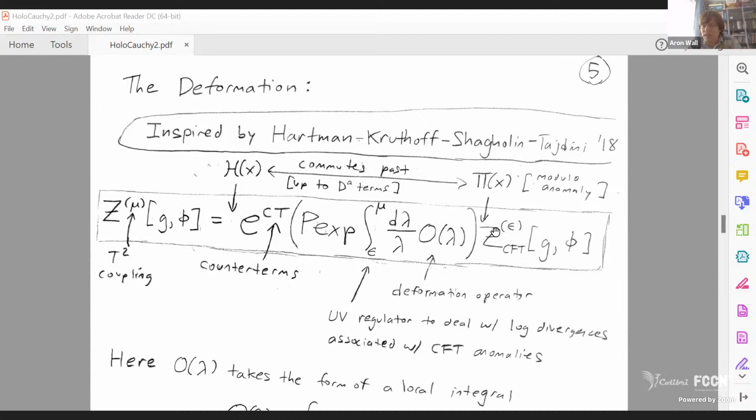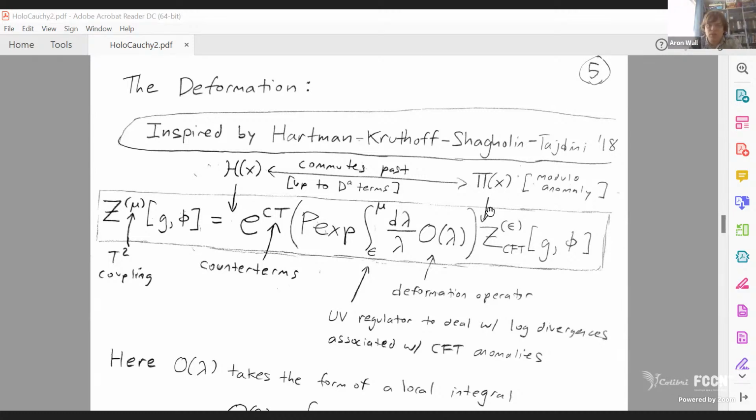Okay, if we're in odd dimensions and there's no conformal anomaly, then the statement of conformal invariance would just be that pi equals 0. If you're in even dimensions, there's an anomaly term which we'd have to include as well. Let's assume for the moment we're in odd dimensions.